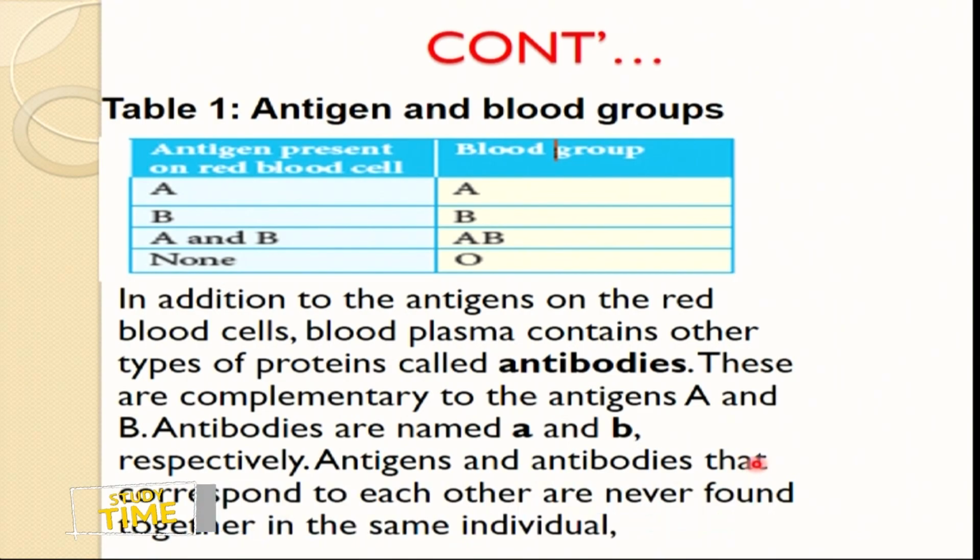Antigens and antibodies that correspond to each other are never found together in the same individual, because that can result in what you call agglutination.